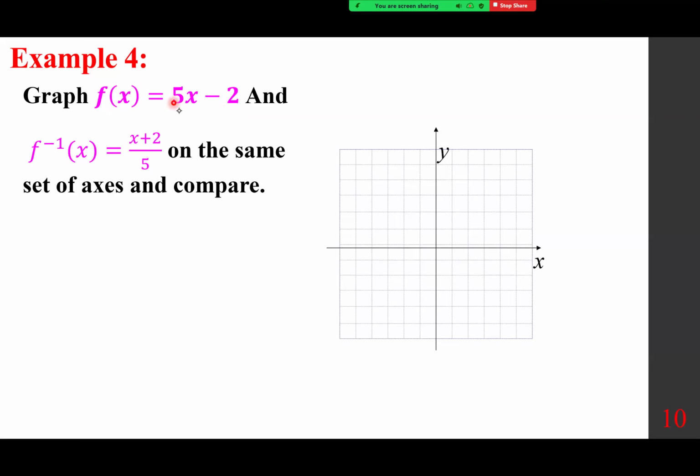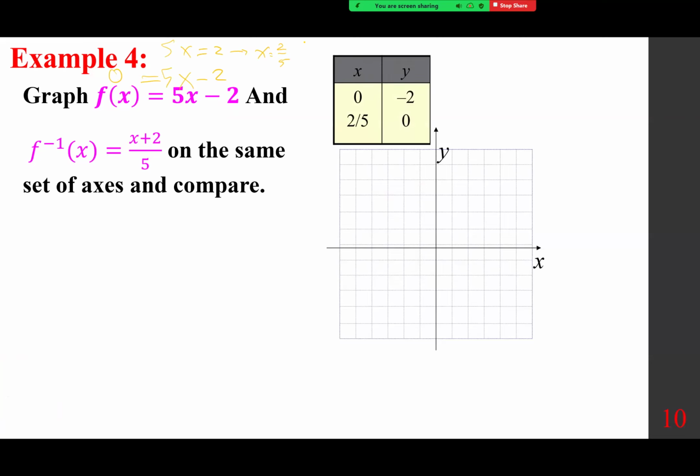And then if you set y equal to 0, that means f of x is 0, so 5x is 2, x is 2 over 5. So we have those two pairs.